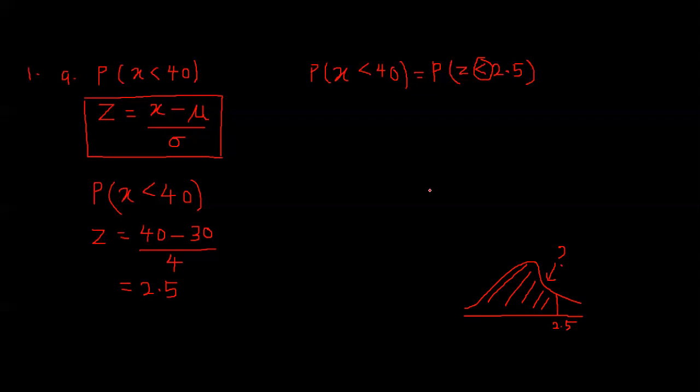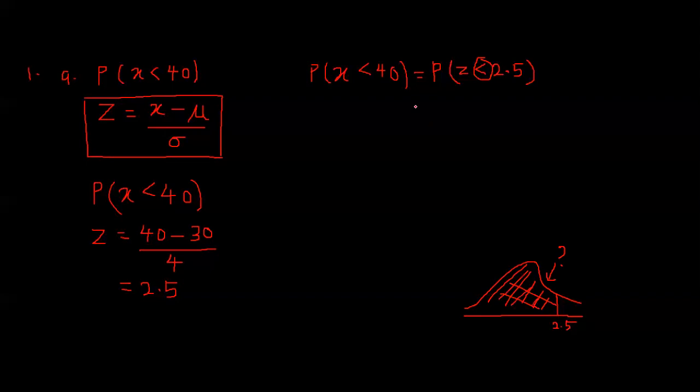You can refer to the standard normal distribution table. Remember again, the standard normal distribution table will give you the Z value that is to the left. So this question also wants you to get the Z value to the left, that is Z less than 2.5. That is around here. So what is the Z value to the left area? This area.